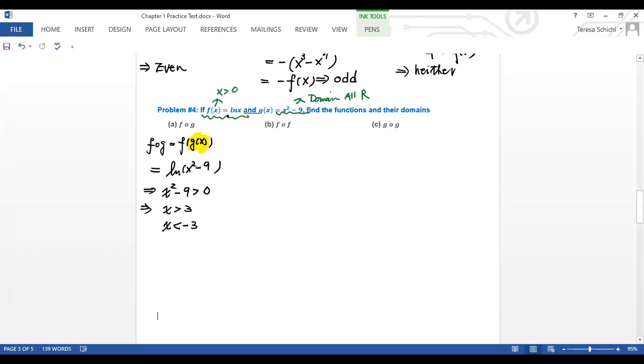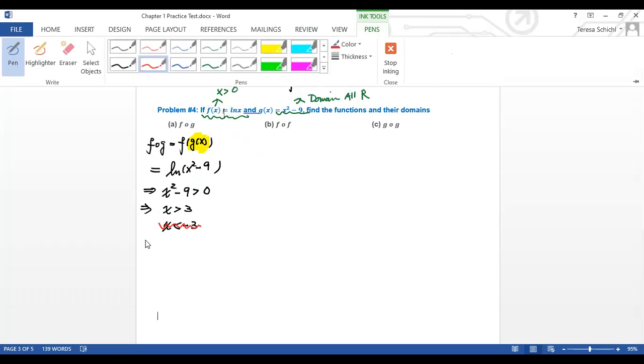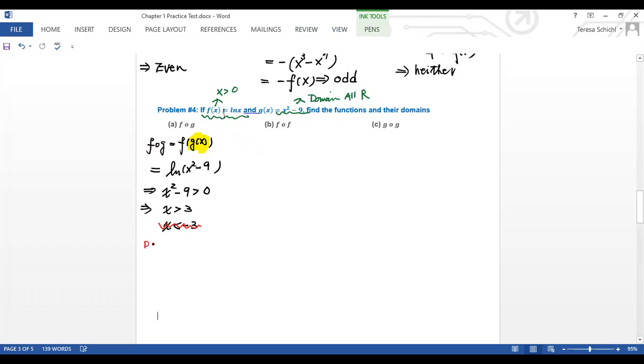Because for x less than -3, f of g is not going to work because it violates the domain here. So I know this one cannot be. So x greater than 3, well, yes, it satisfies both, right? So I know the domain here. What is the domain here for this one? It will be greater than 3. So it's 3 to what? 3 to infinity. So you need to look back at the original function and be careful, right?